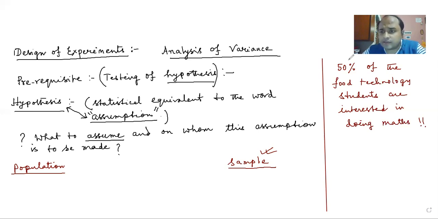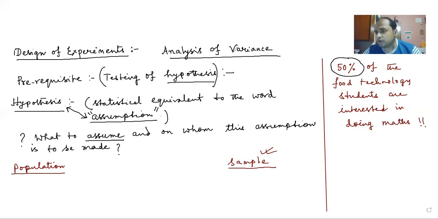This is a very important question. This particular number which I have mentioned here, 50%, has not been obtained from studying the population, because food technology is studied in various universities all over India, and all over the world, and this 50% is related to all the universities of the world who teach food technology.